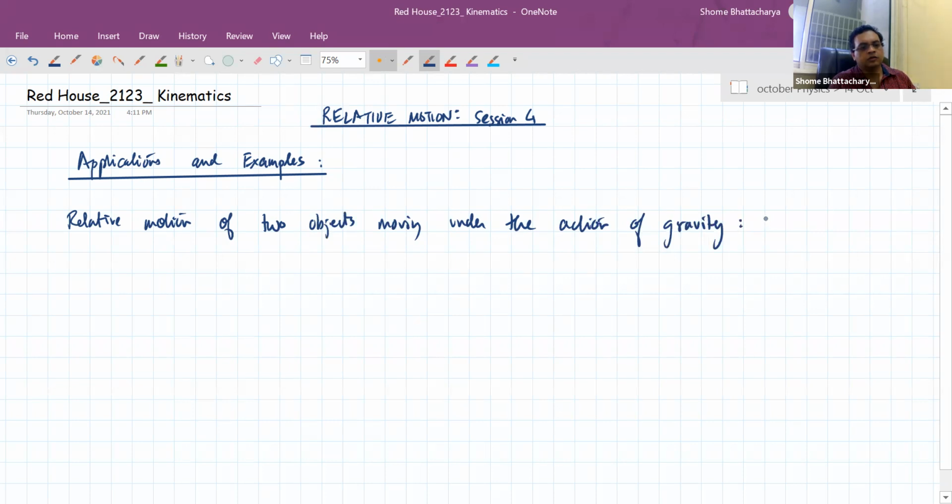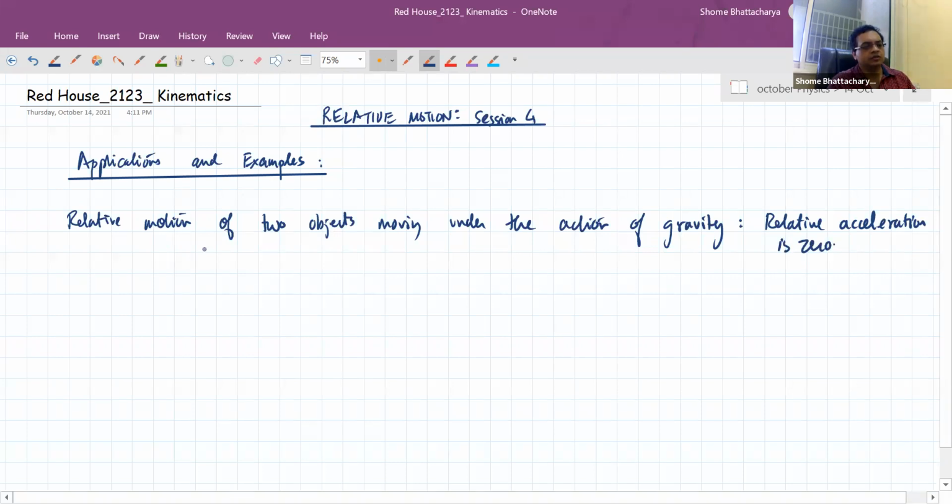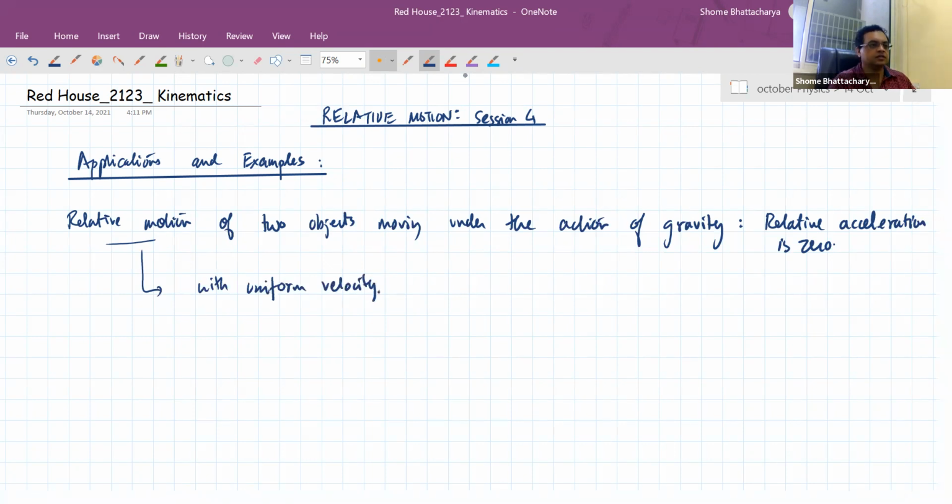So their relative acceleration is zero. So any two such bodies, their relative motion is with uniform velocity for that reason. This is one of the things that we discussed in the last session.